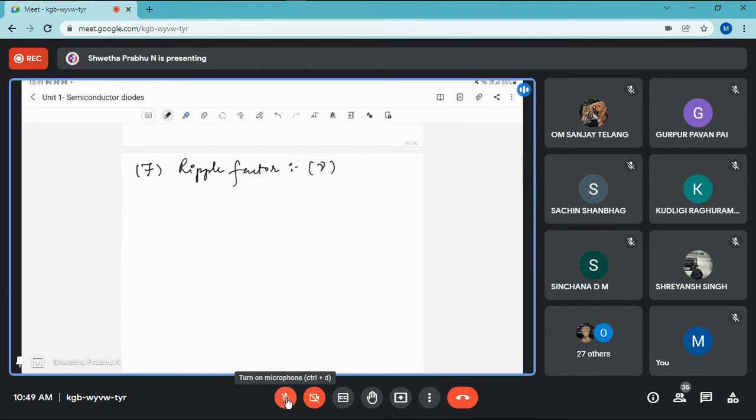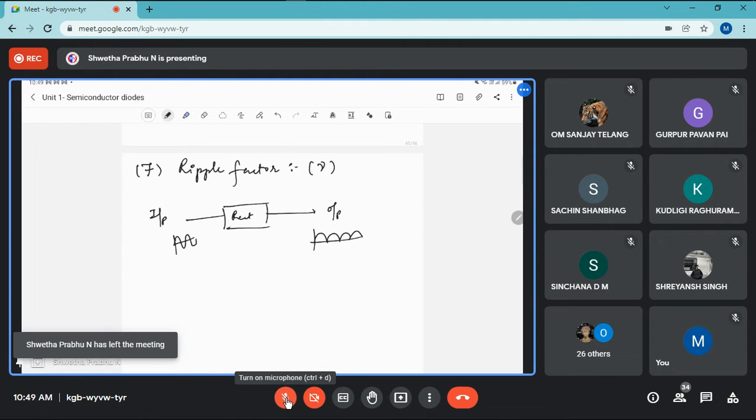The input for a rectifier is an AC input, right? So the output you are getting is not a pure form of DC. You are getting a pulsating DC like this. To make this a pure form of DC, we give this as an input to the filter, and after the filter we have a voltage regulator and so on.